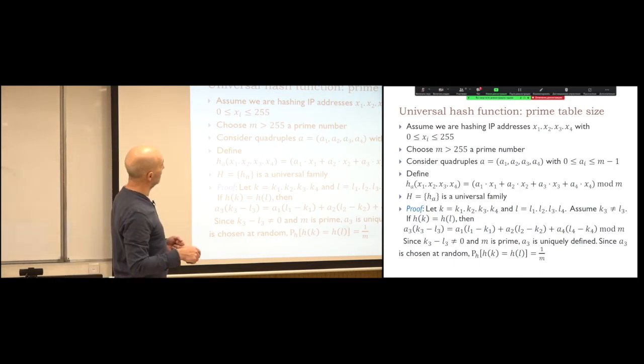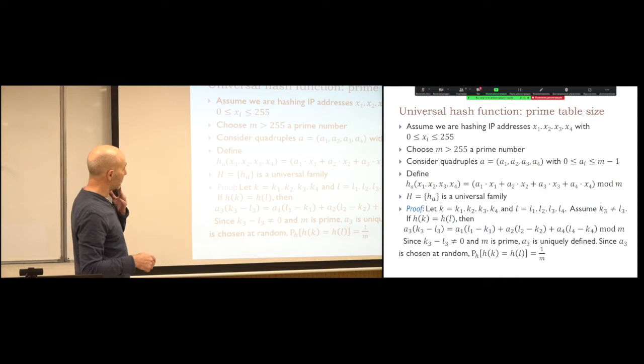And here our hash functions will be parameterized by a quadruple also of numbers between 0 and m-1 picked randomly. So our hash function will be parameterized by 4 numbers.